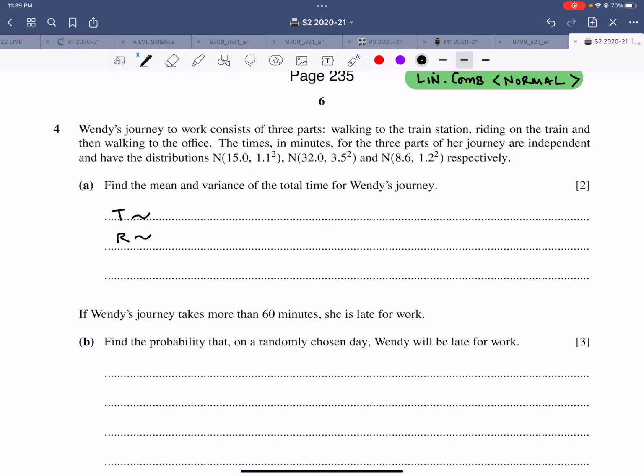So there are 3 parts. The first one is normal distribution. So you write the N outside and then the bracket, 15.0, 1.1 square, and then the next one 32.0 and 3.5 square, and the last one is the office walk, that is 8.6 and 1.2 square. Now remember, these values are mean and these values are variance.